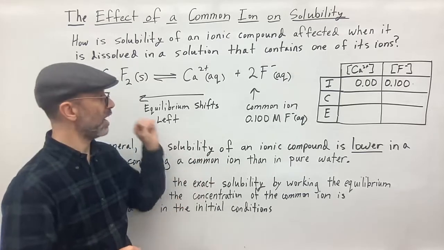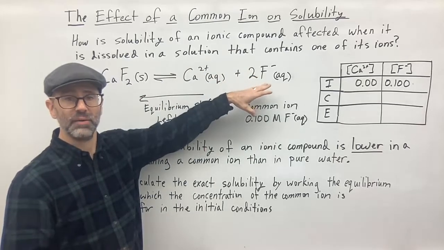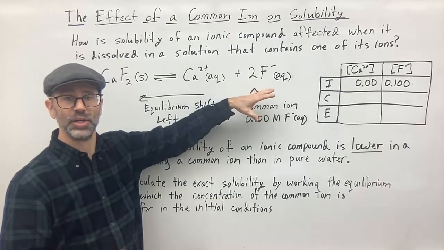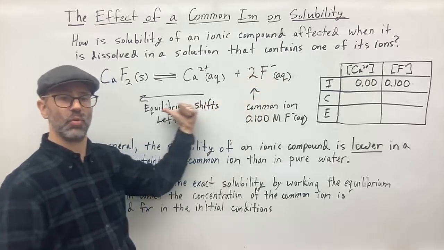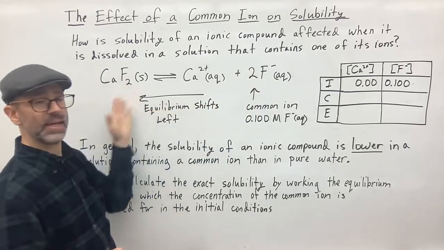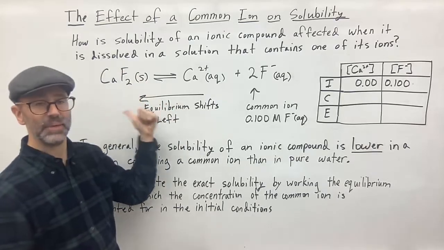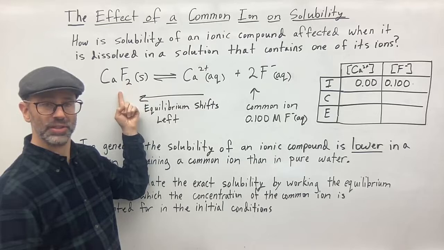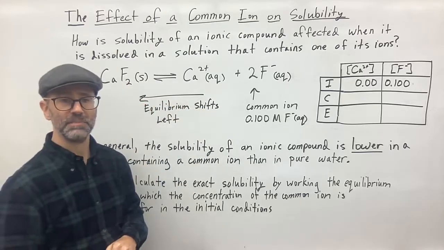So if I'm adding this common ion, it's going to shift to get rid of this ion, towards the left, towards making more reactant. If it shifts this way, less of this is going to dissolve because more of it is going to become solid.